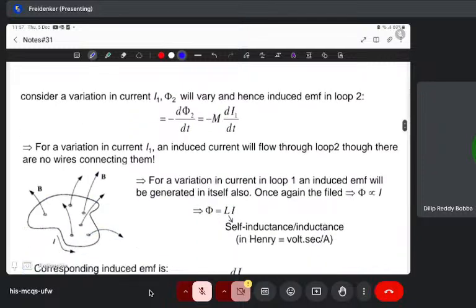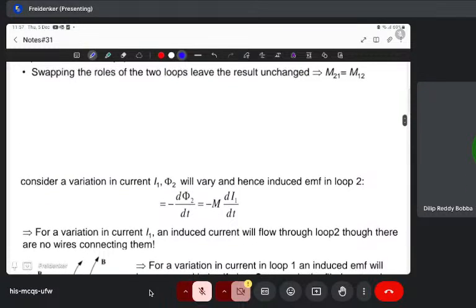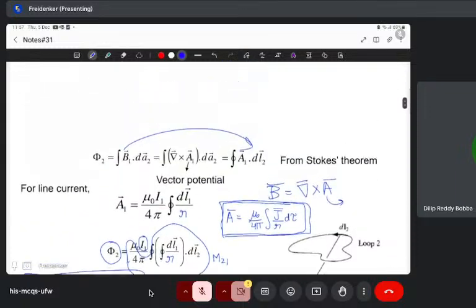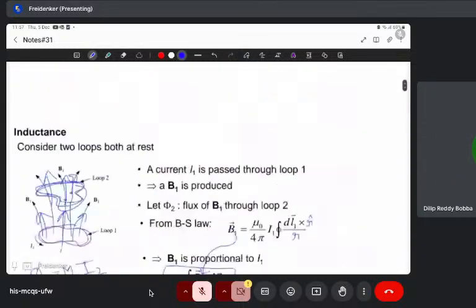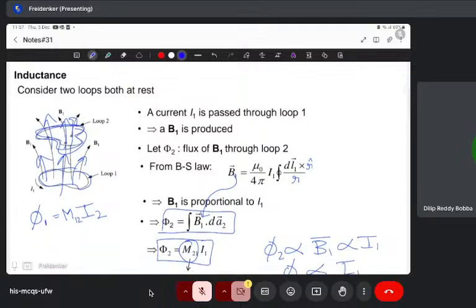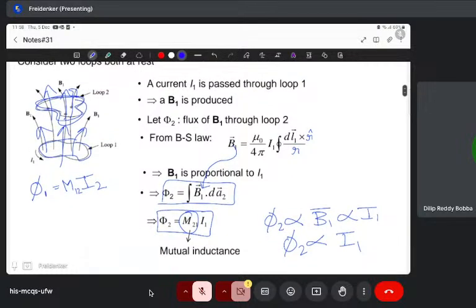Now they're considering something. Instead of there being a constant current in the loop, here I1 is there, no? Let's say I1 is changing. If I1 is changing, that means B1 will also change. If B1 is changing, that means the magnetic flux passing through loop 2 will change.